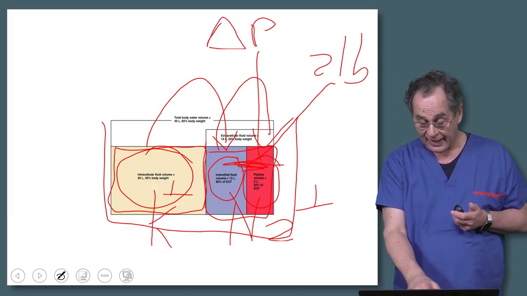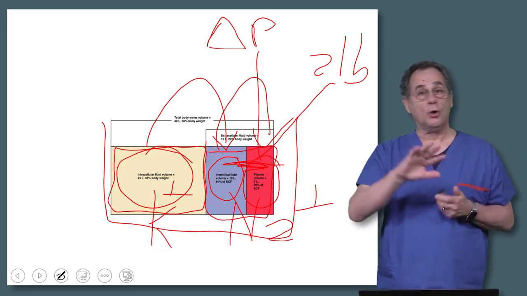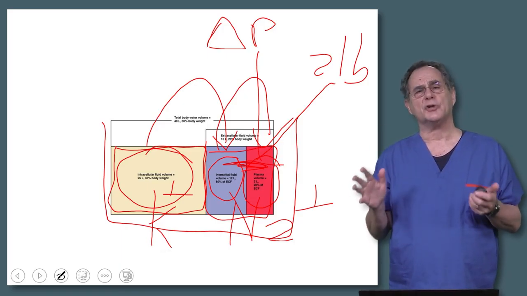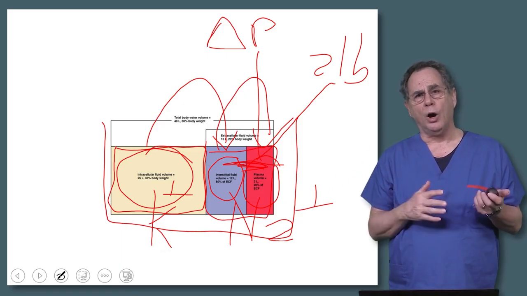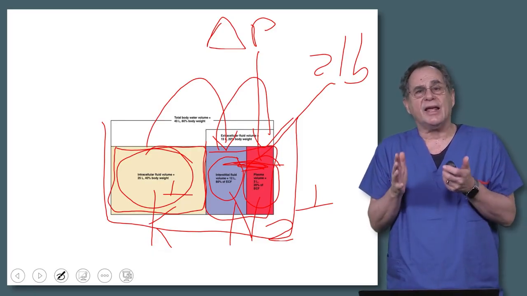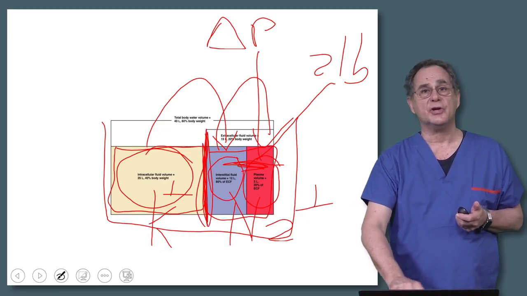Water movement between the extracellular and intracellular compartments is dominated not by Starling forces at all, but simply by gradients in osmolality. And the movement of water bidirectionally through aquaporin channels always serves to equalize the osmolality on either side of this cell membrane.